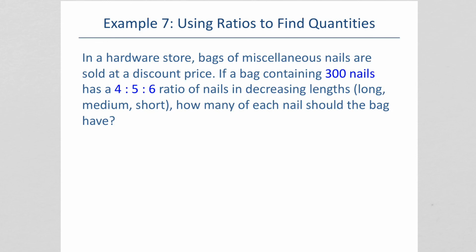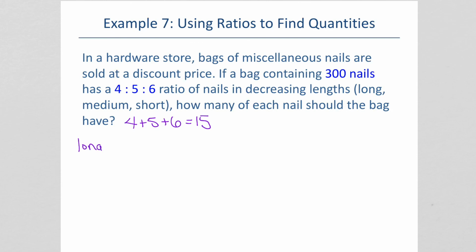First of all, we need to know what multiple there is. And that would be 4 plus 5 plus 6. So we're looking at a total of 15 nails or some multiple thereof. There could be 15 in the bag, there could be 30, there could be 45, something like that.